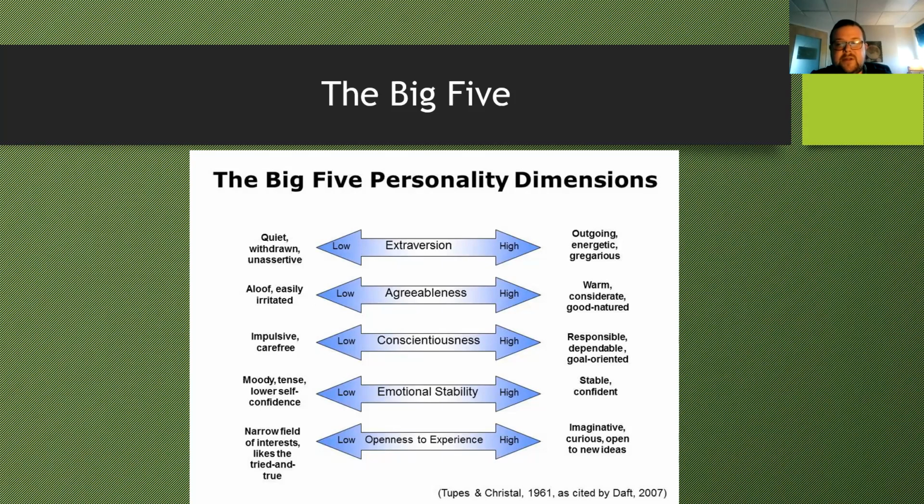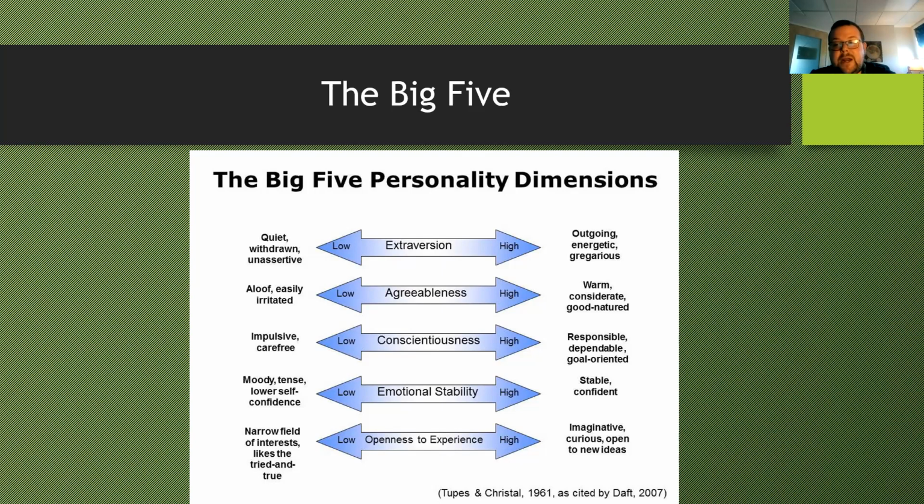Essentially, we start out with thousands and thousands of words from the dictionary, and then using statistics, we narrow all those words into 5 classifications that are on a spectrum. So the 5 types or traits are extroversion, agreeableness, conscientiousness, emotional stability, and openness to experience.